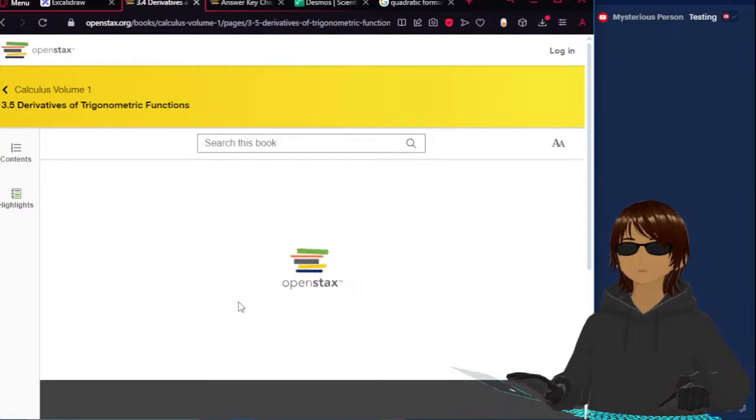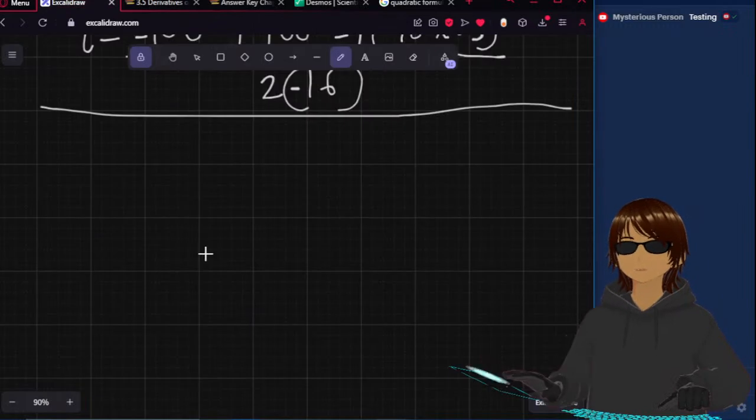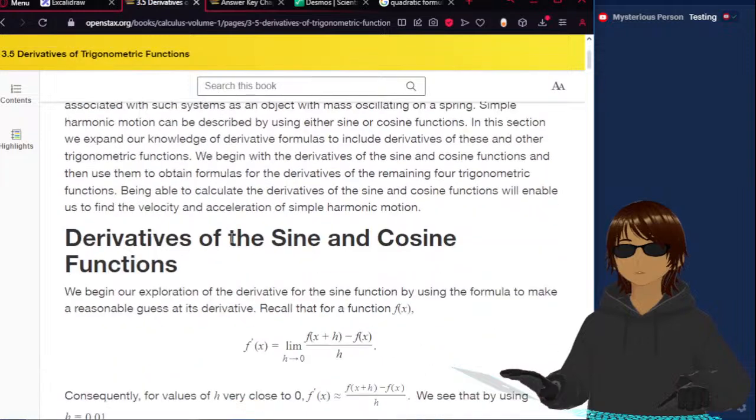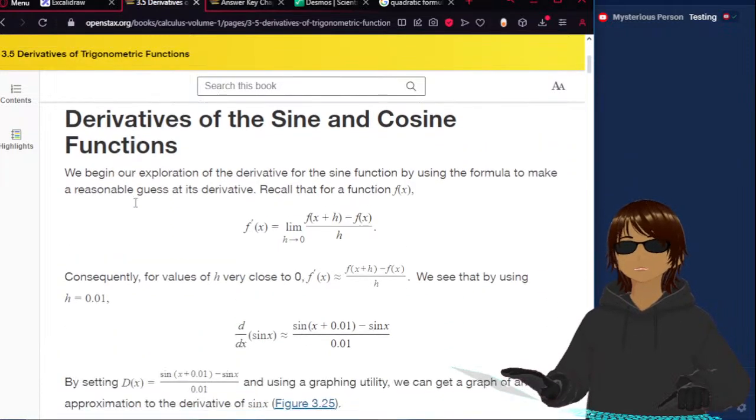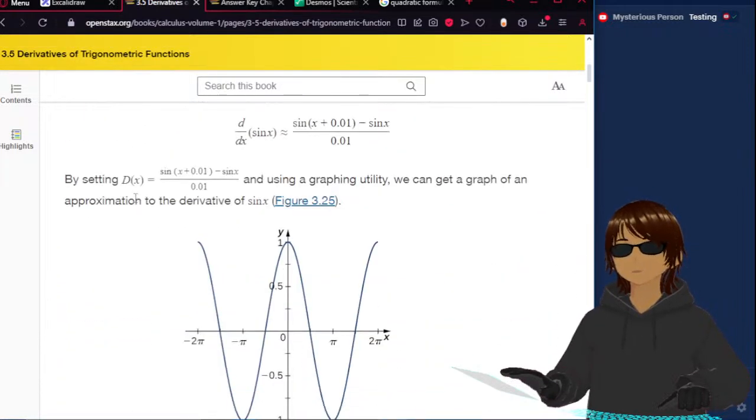Trigonometric functions. Okay. Derivative of sine and cosine.